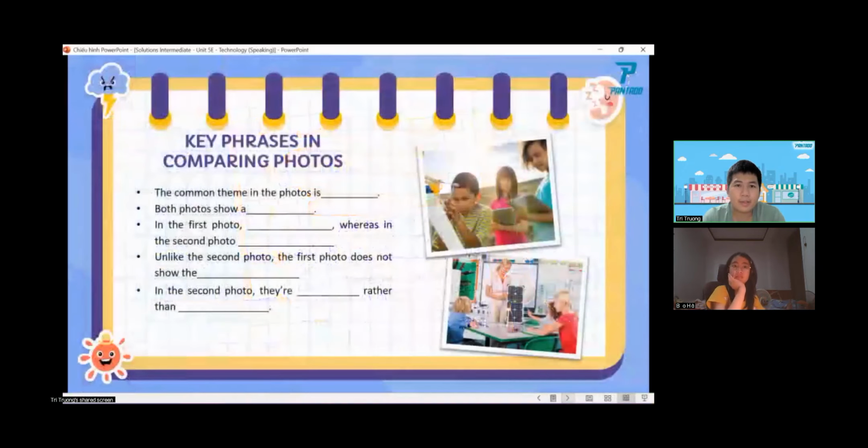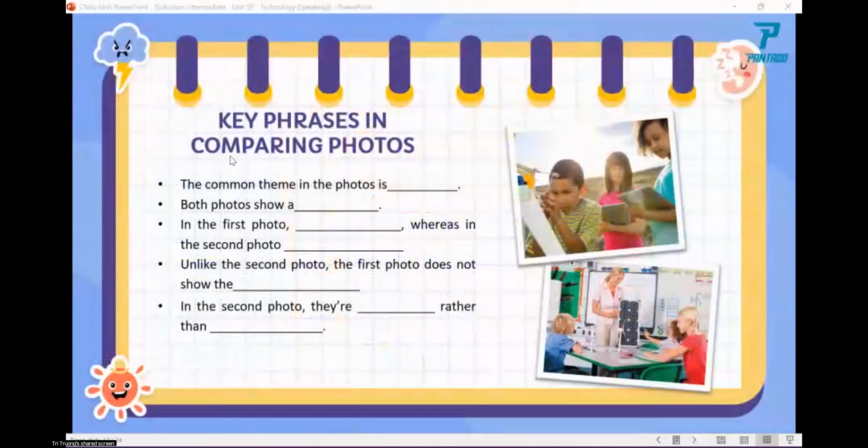So you clear? So I will provide you some key phrases here. For example, the first one, the common theme in the photo is, I think maybe education, right? Yes.